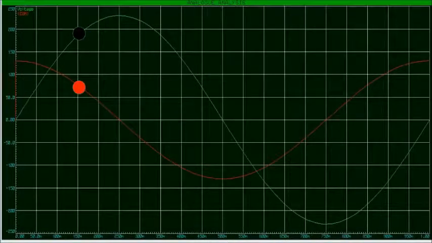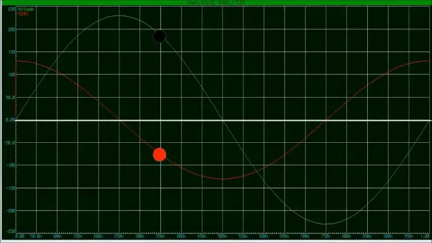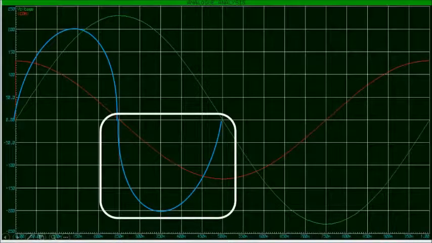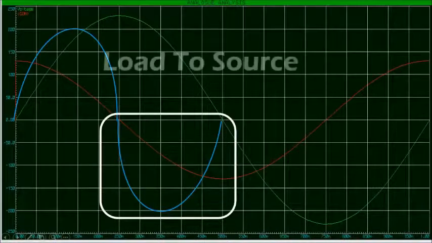But if I measure the instantaneous power at this instant, it will give me negative power as voltage is positive and current is negative. But what does this negative power indicate? It indicates that power is flowing from load to the source.